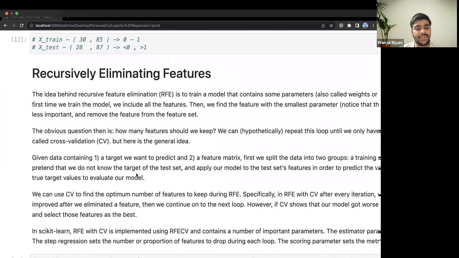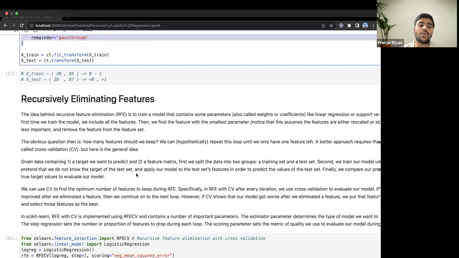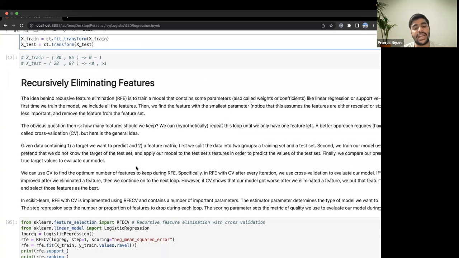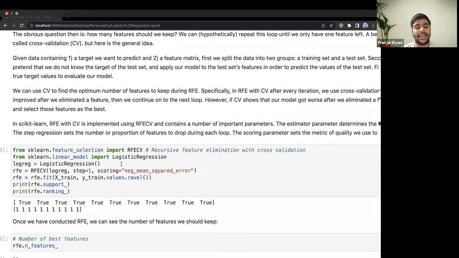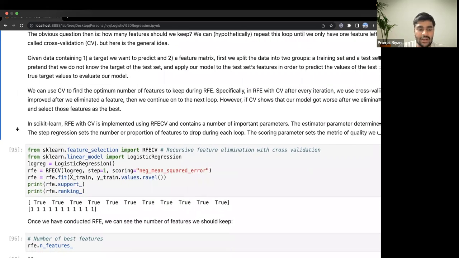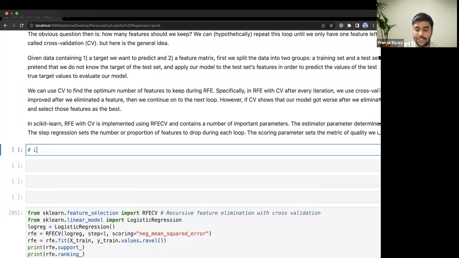Okay, so once we've done this processing, we are going to go with the recursive feature elimination technique. अब ये recursive feature elimination technique क्या है? This is basically a very logical approach to feature selection. ठीक है? Why is it a logical approach?